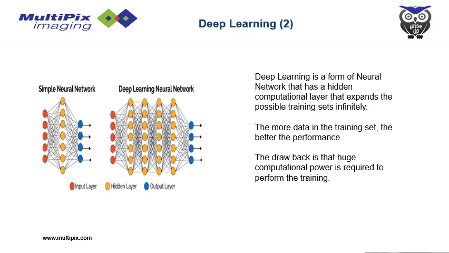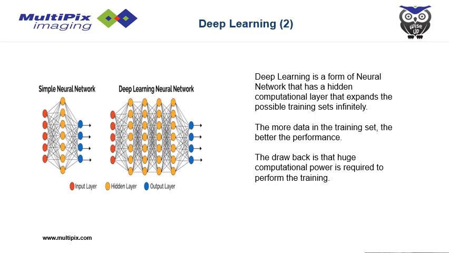You can expand it pretty much infinitely in a deep learning algorithm, rather than with a neural network, which has limitations to how many examples you could give. And as it says here in the second paragraph, the more data in the training set, the better the performance.